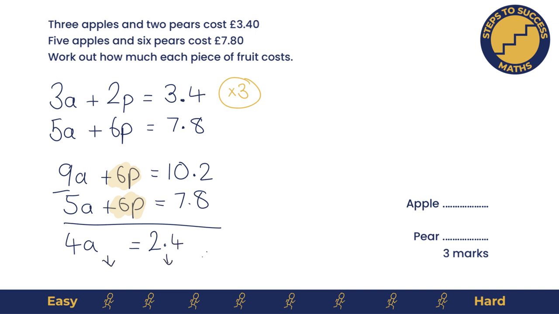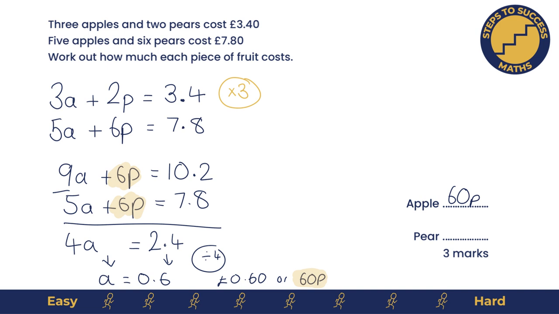So if I divide by 4, I've got A is equal to 0.6. So that's either write it as pounds and 0.60 or use pence. I'm going to use pence, so that's 60p. Make sure on the answer line you write your units. So here I'm going to write 60p.